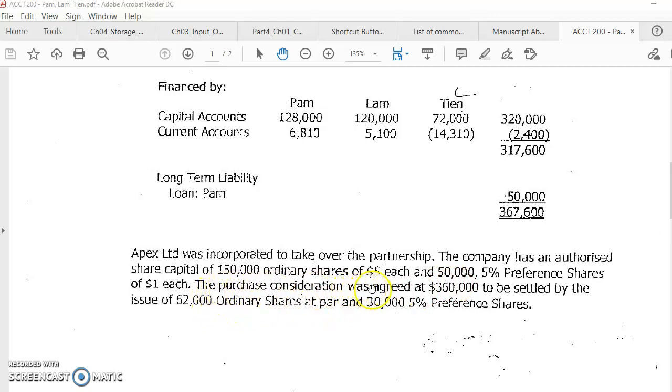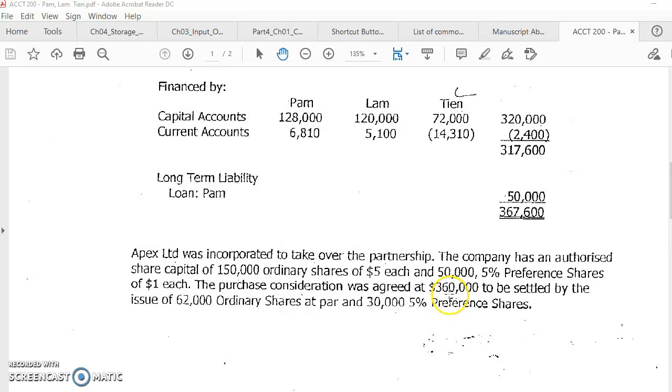The purchase consideration was agreed at $360,000. As stated previously, the purchase consideration is the price that the company is willing to pay the partnership for their business.